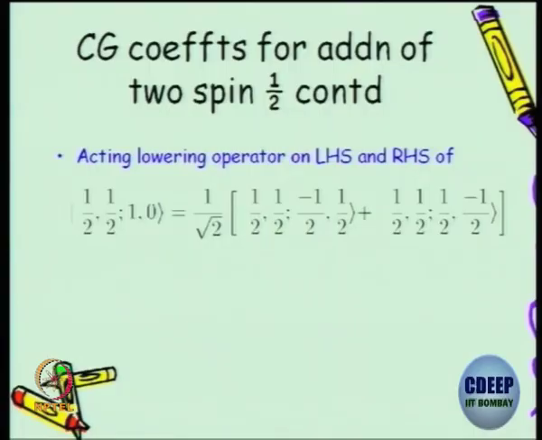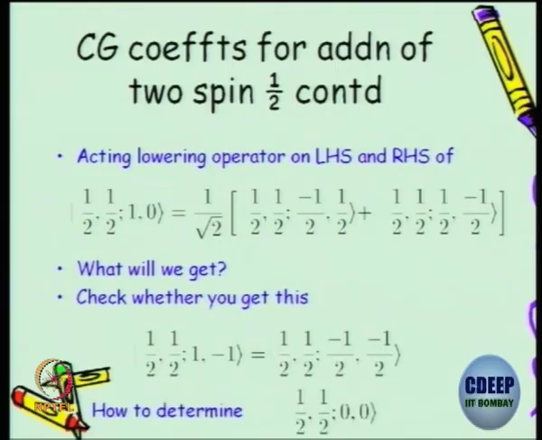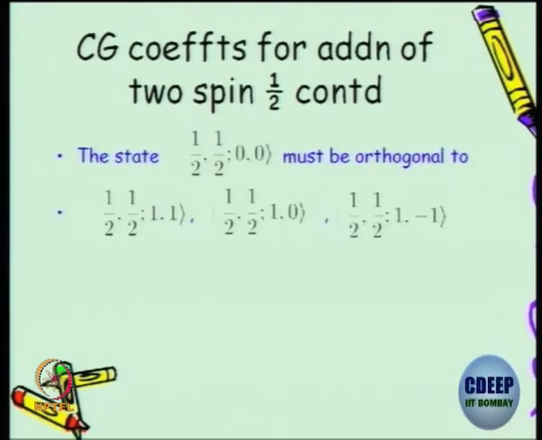Acting the lowering operator, you can still do the lowering operator on LHS and RHS again, which we have derived now. And what will we get? We will get that the 1 minus 1 state is exactly with coefficient 1. How do we determine J equal to 0, M equal to 0 is the question. That also I said: J equal to 0, M equal to 0 must be orthogonal to all these states.